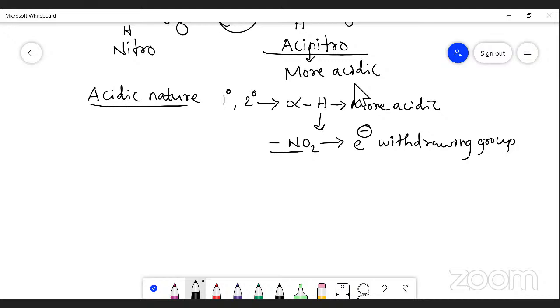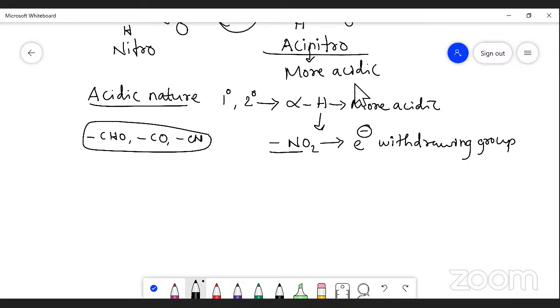If you are comparing aldehydes, ketones, and cyanides, the nitro compound is more acidic compared with the aldehyde, ketone, and the cyanides.